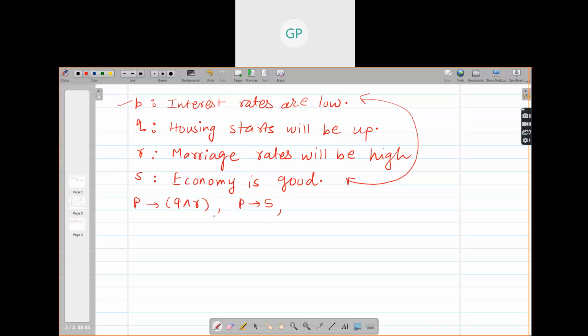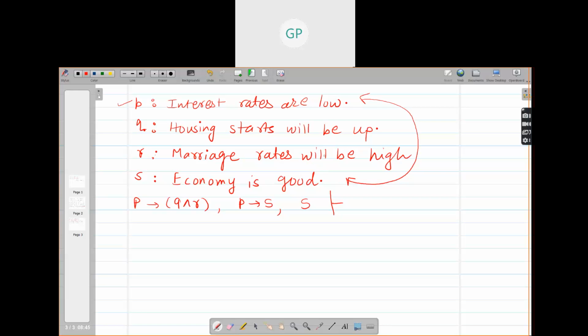However, the economy is good. That means economy is good: S, simple. Whatever comes after the words therefore, so, thus, that is your conclusion.